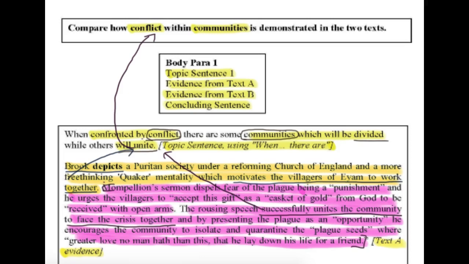Okay, so topic sentence, and then text A evidence, and the text A evidence begins with the author's demonstration, or whatever the author is showing relevant to the topic sentence, and then we give a little bit of the evidence for that.